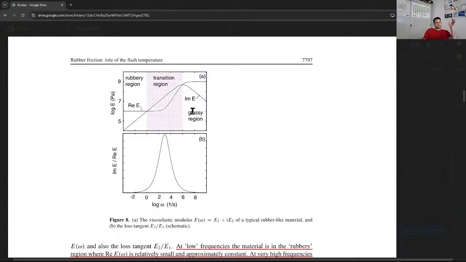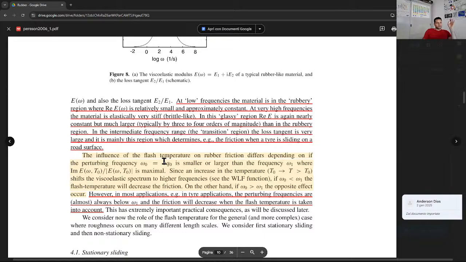So this means that we have an optimal point, in which the rubber reaches a condition which is elastic and stiff at the same time.